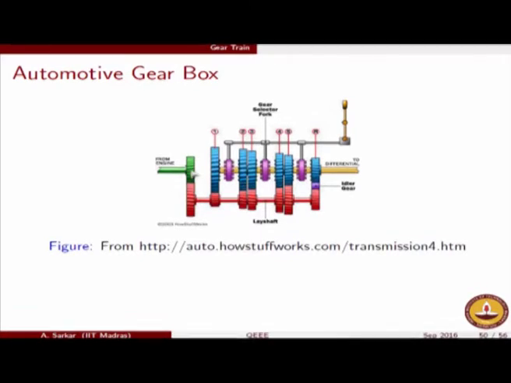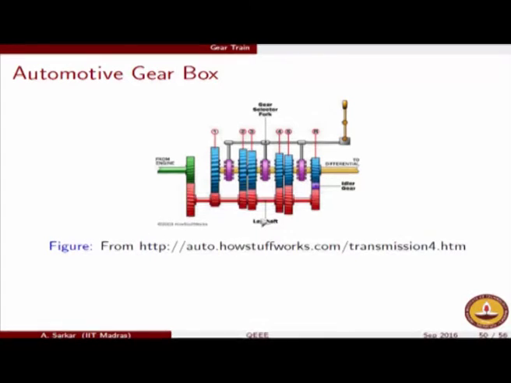So the green shaft and the green gear mounted on the green shaft are the input side of the transmission. The green shaft basically goes to the engine side, and that is what we call the input shaft, because the power is coming from the engine. There is another shaft here which is shown in red, which carries multiple gears.